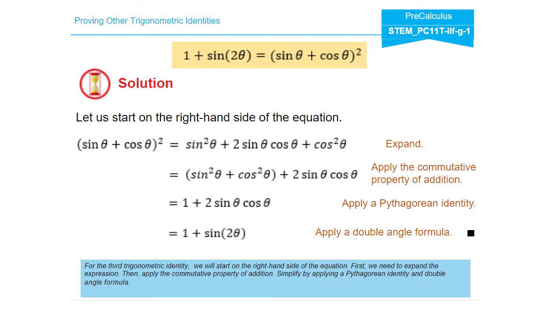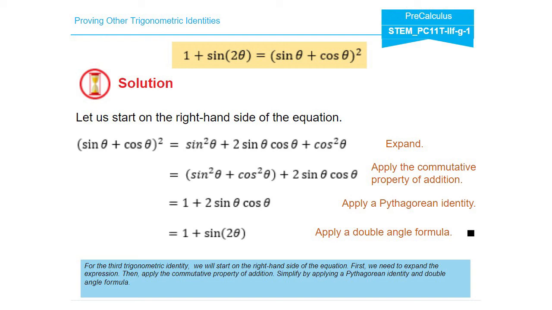Next, 1 plus sine 2 theta equals the square of sine theta plus cosine theta. So let us start on the right hand side of the equation. So as you can see, sine theta plus cosine theta squared, we can expand it using the concept of squaring a binomial. It will become sine square theta plus 2 sine theta cosine theta plus cosine square theta.